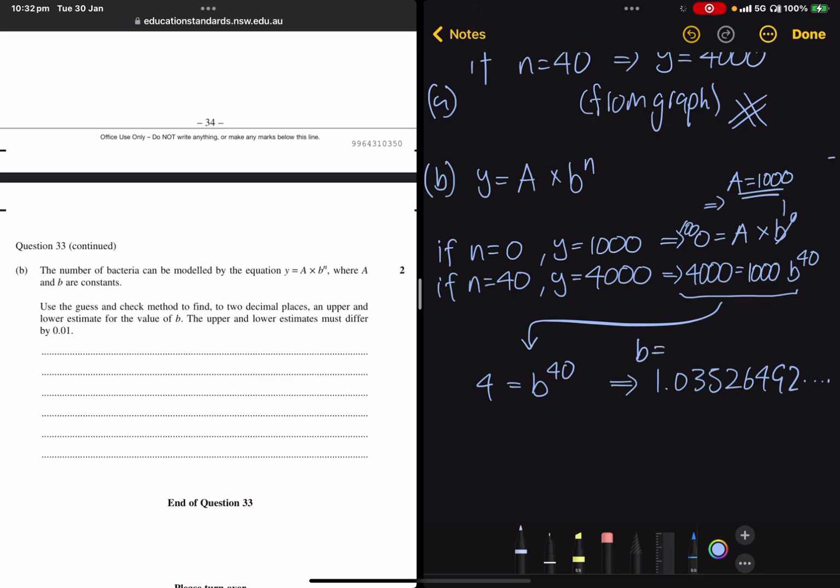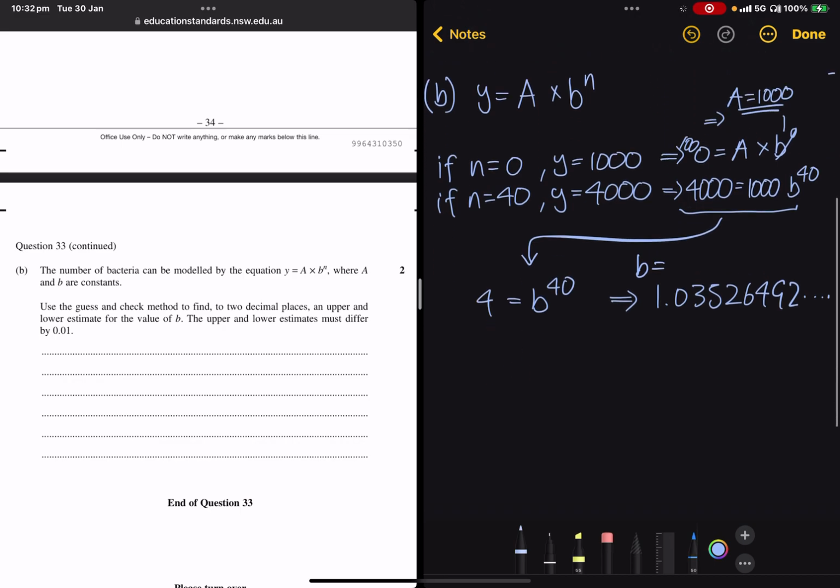Guess and check to find to two decimal places an upper and lower estimate for the value of b. They must differ by 0.01. So what you could do is pick 1.03 and 1.04.